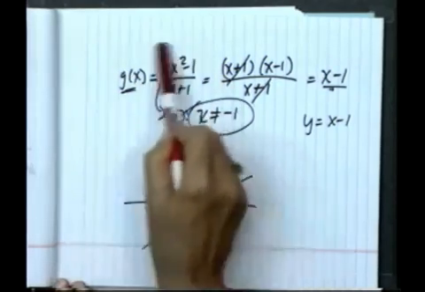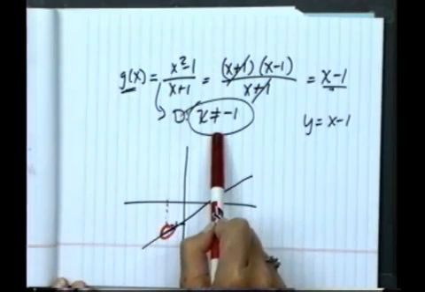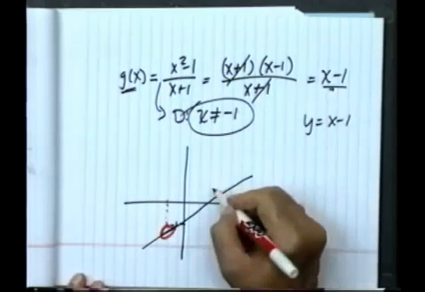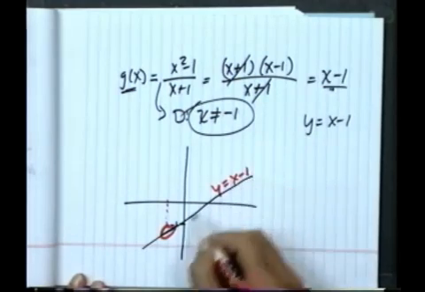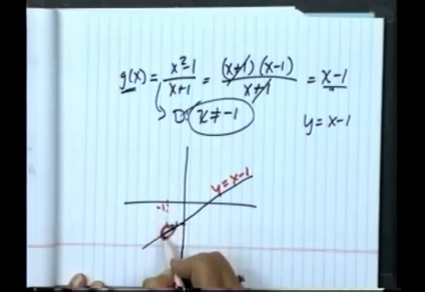So this function, because it has a domain x can't be negative 1, even though it simplifies down to the line y equals x minus 1, wherever x is equal to negative 1, you've got to put a hole in your graph there.